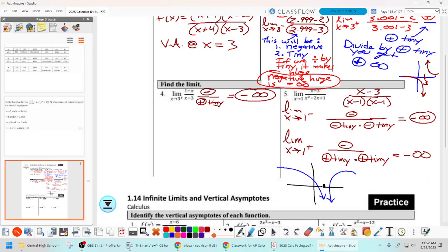It's not wrong to, but you could say this: f of x grows without bound in the negative direction as x approaches 1. Are you guys good with abbreviating without bound? You don't have to say from both sides because we're combining that to say just as x approaches 1. And the assumption would be if it was different, we wouldn't write this. Or we would be more specific, like this one.